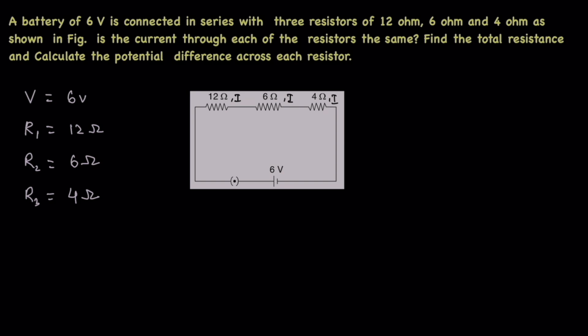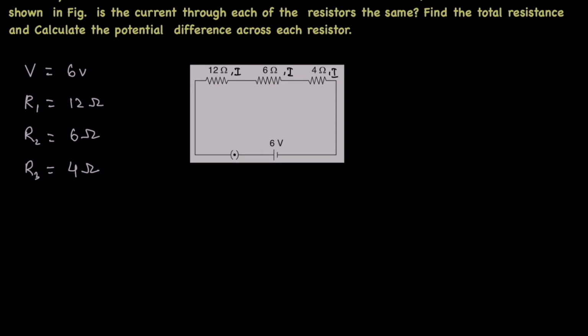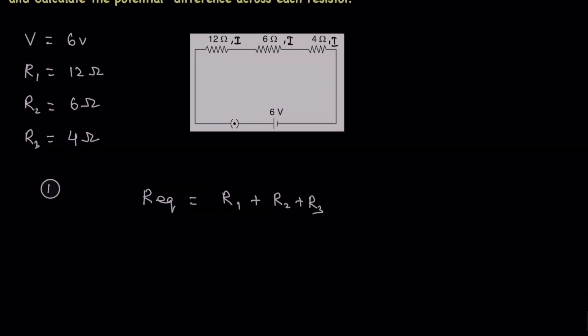So in the first part we have to find the total resistance. So R equivalent is equal to R1 plus R2 plus R3, and here R1 is 12 ohm, 6 ohm and 4 ohm. 22 ohm is the total resistance.